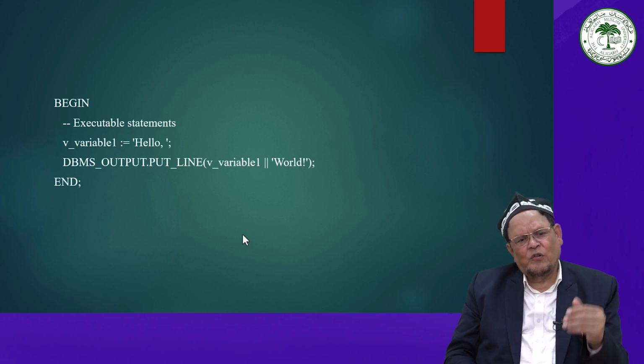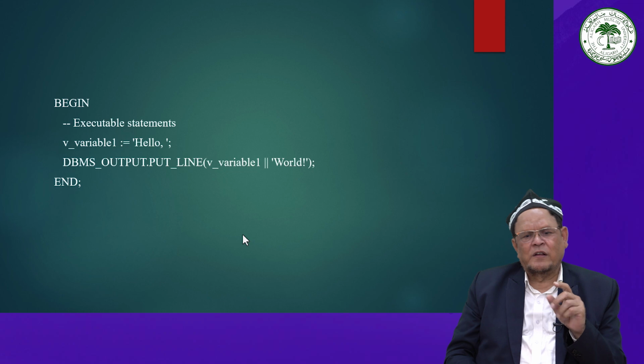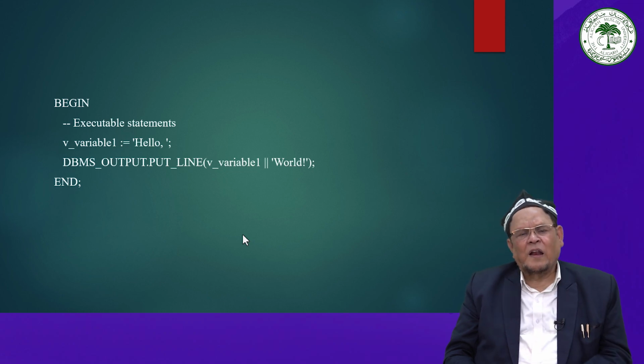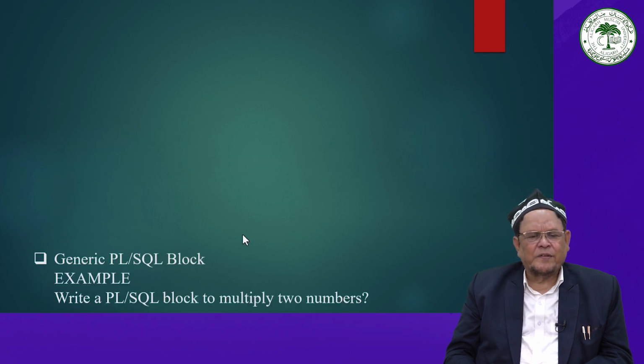Then end. When you run it, it will display v_variable is hello world, and the parallel line operator is used to concatenate the characters. So hello world will display on the screen when you run.